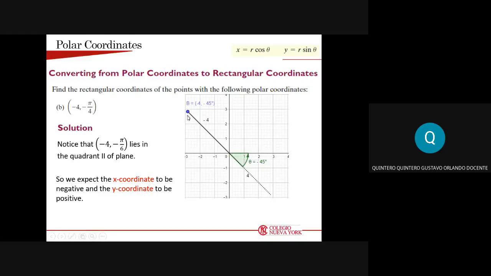And the y coordinate to be positive, something like 2 point something, maybe close to 3. In fact, it looks like the y coordinate and the x coordinate could be the same. The only difference is the x is negative and y is positive. That's what it looks like, right?